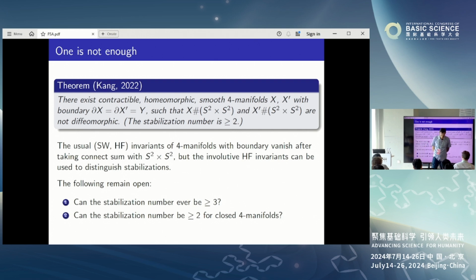There was a recent paper by Melissa Zhang and Akram Alishahi, I think, where they showed that there's a spectral sequence from the Bar-Natan Khovanov homology to involutive. Sorry, but that's for the double branched cover. It's not for knot Floer homology, but yes.